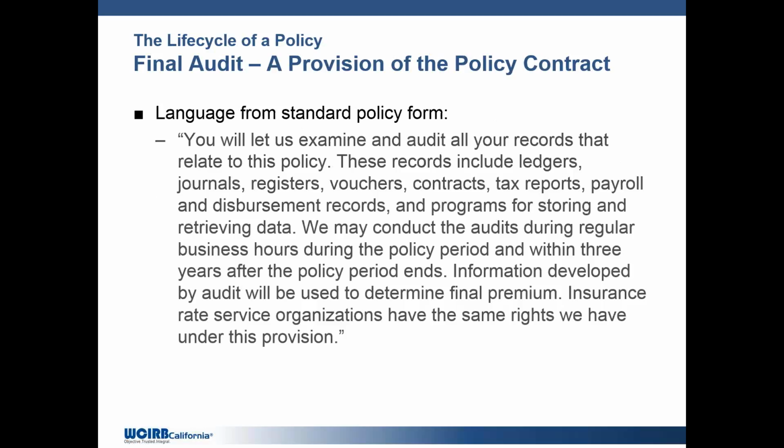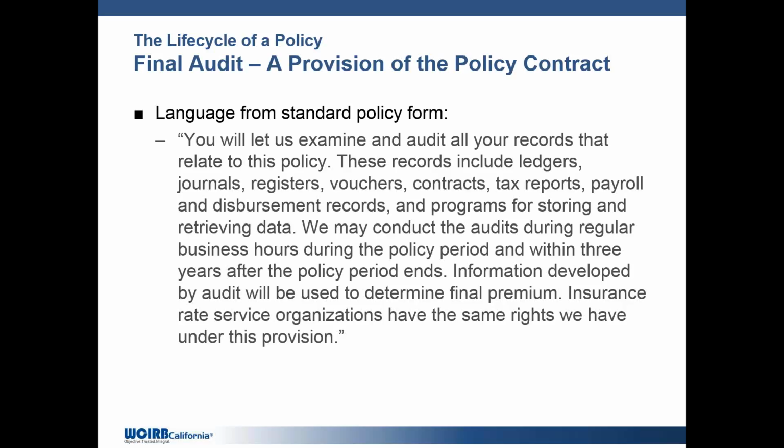Keep in mind that this is standard language and some carriers may have something that reads a little bit differently, but I think the essence is the same. Basically it tells you the kind of records they're going to be looking at, how they're going to contact you, how long they can contact you, and that the information developed by the audit is going to be used to determine that final premium.